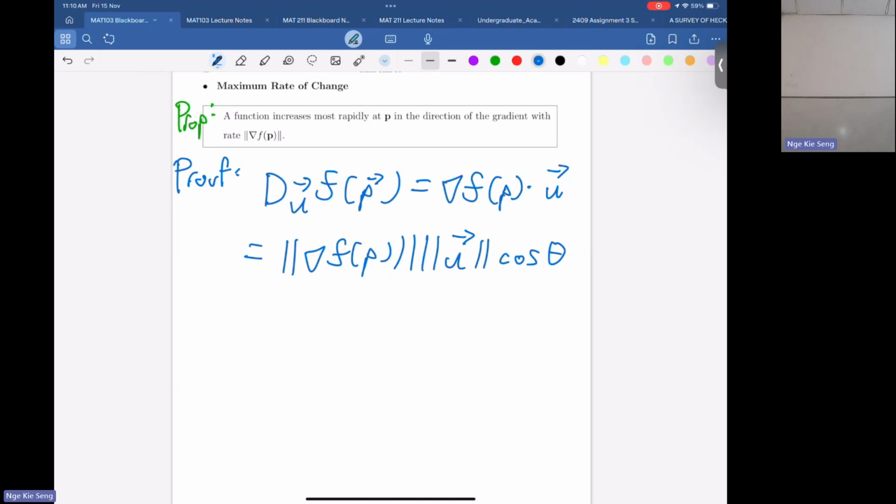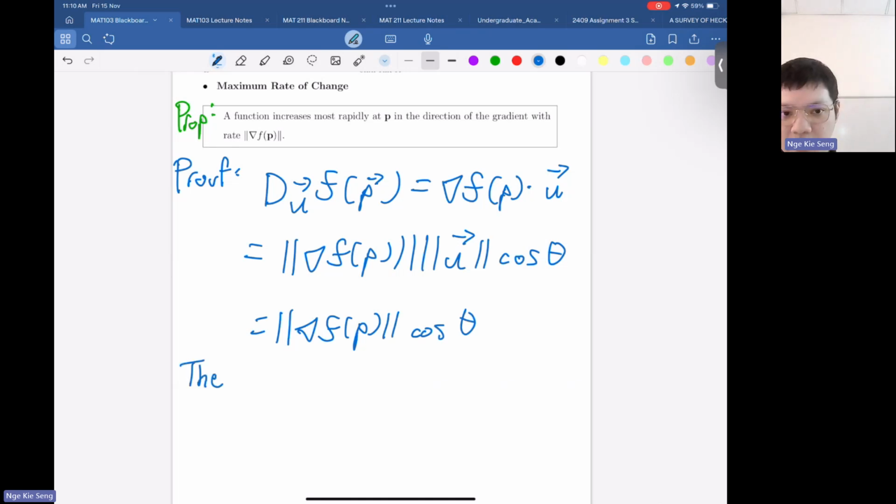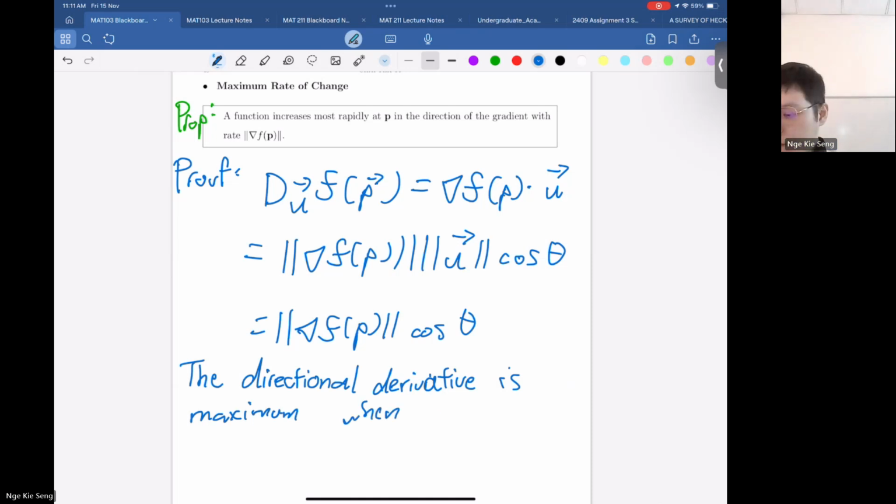But what is u? We take u as a unit vector. So this will be equal to the norm of delta f(p) times cos theta. The directional derivative is maximum when cos theta is equal to 1, which is when theta equals 0.